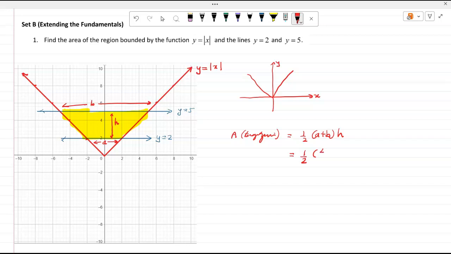B is 10, 10 into h. What is h? h is from 2 to 5, so 3. So half into 14 into 3.